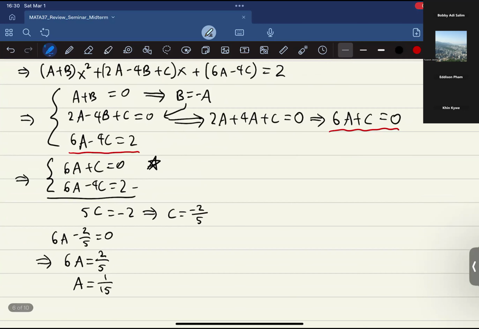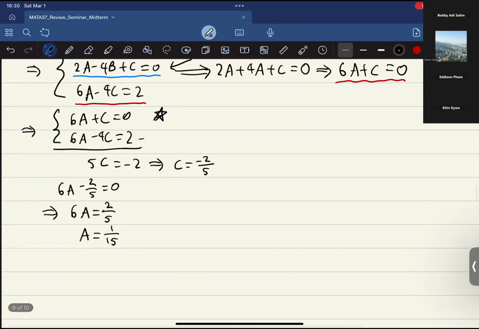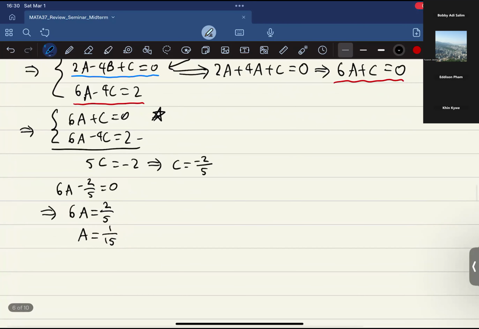And to get the value of b, we can substitute a and c into this equation. And we get 2 times 1 over 15 minus 4b plus negative 2 over 5 equals 0.